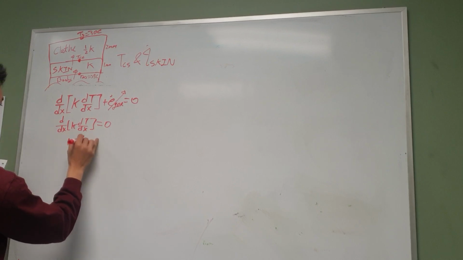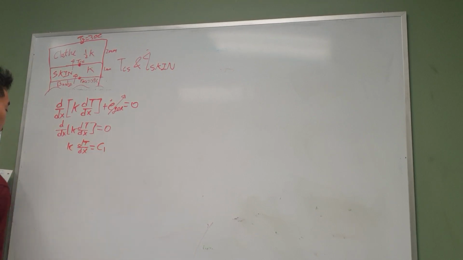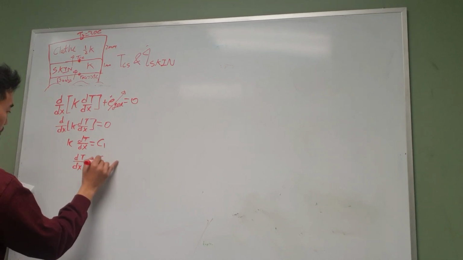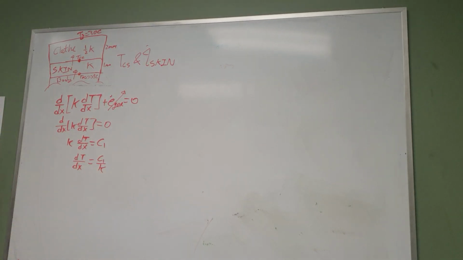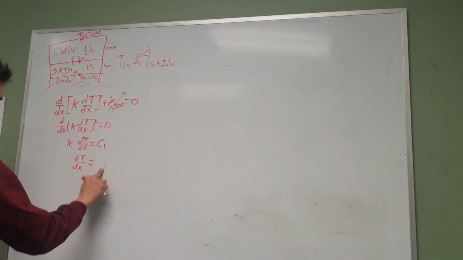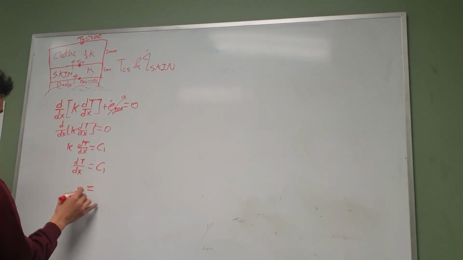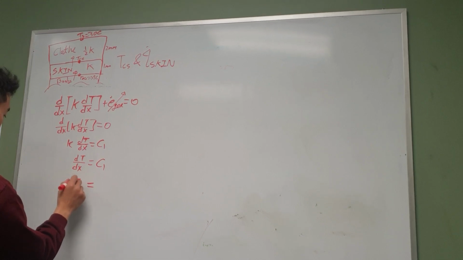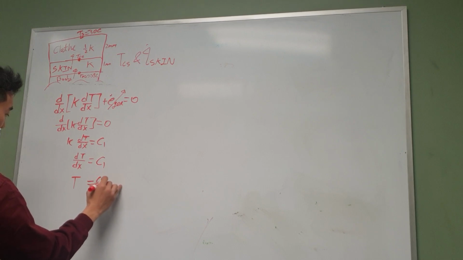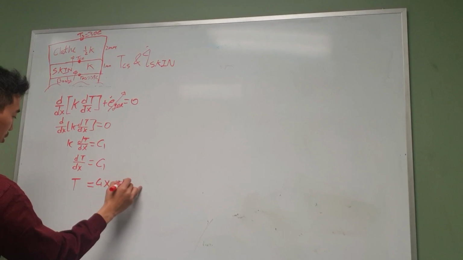Then we're going to take the derivative of C1 and divide it by K. But since K is also just a constant, what we can do is just consider it as a C1. It's going to make our job a little easier. And then we take an integral again to make it C1x plus C2.